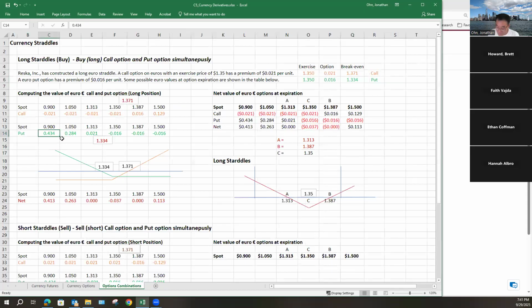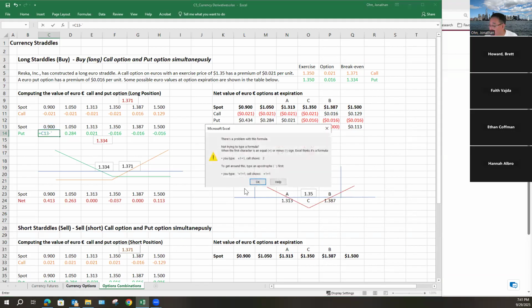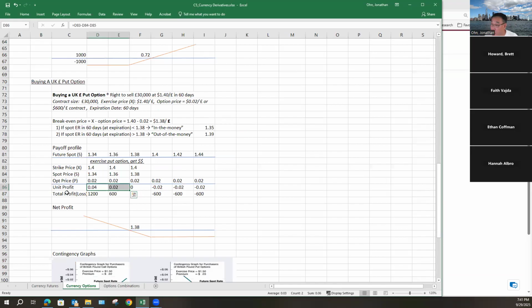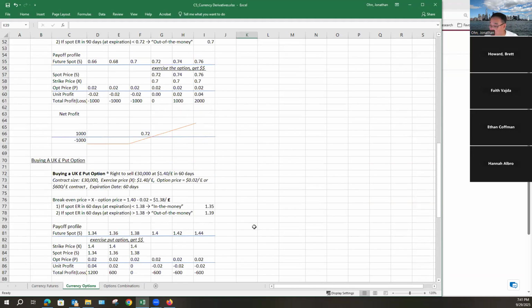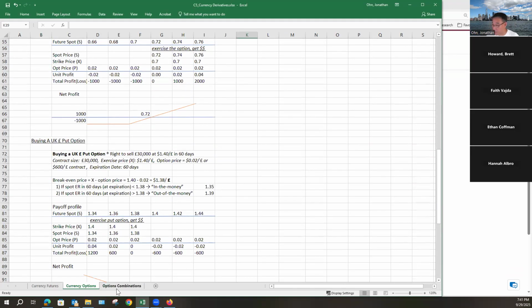So this one, spot minus strike price, where is that? Wait, no. Strike price, yeah. See, strike price minus spot minus option price.